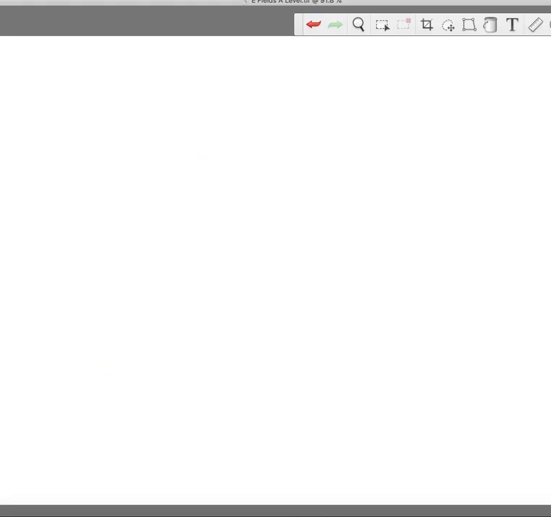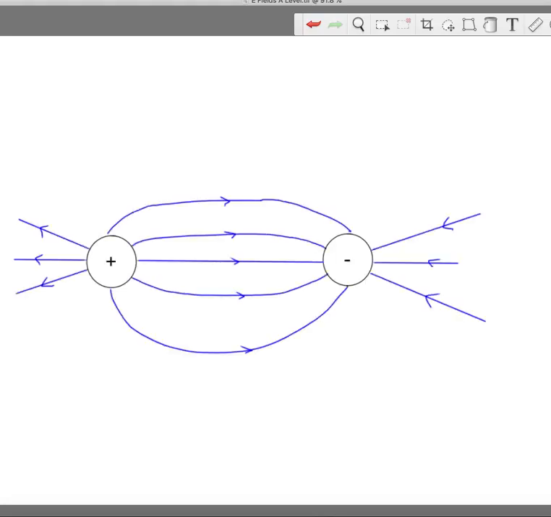Here we have a positive sphere on the left, a negative sphere on the right, and your field lines would look like this, going from positive to negative, starting out radially at the surface of the sphere and curving.